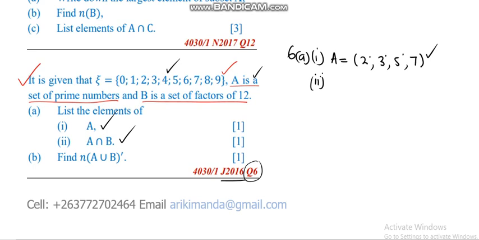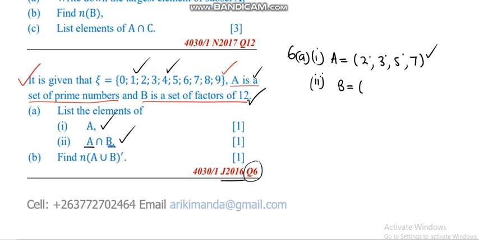In order to answer part 2 properly, we start by writing the elements of B, because A we know, but B we don't have. What is B? B, we've been told, is a set of factors of 12. So we write down all the factors of 12 that we find in the universal set.